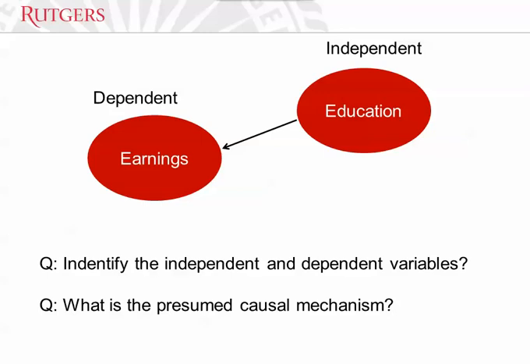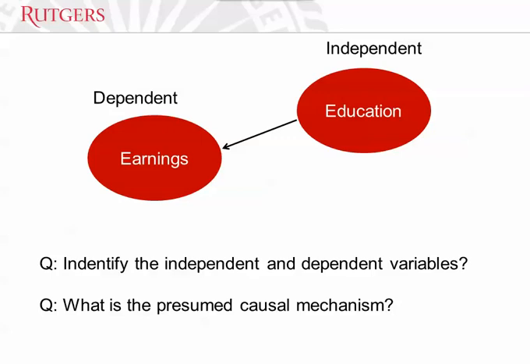It could be that you may have been thinking, well, earnings influence education, in the sense that maybe if you have more earnings, you can get an education. Certainly that's plausible, right? But I think most people considering these two variables would think that having an education, all of you are getting an education, one of the causal effects that has is it increases your earning potential, right?